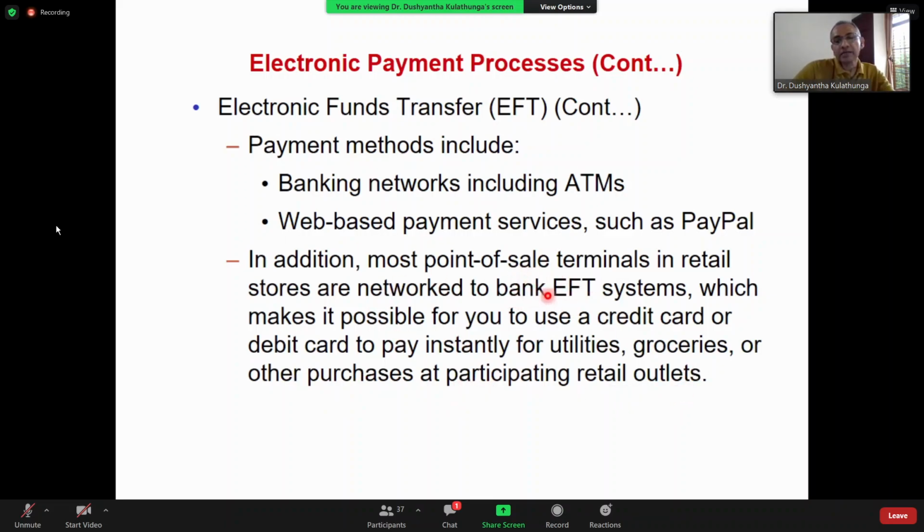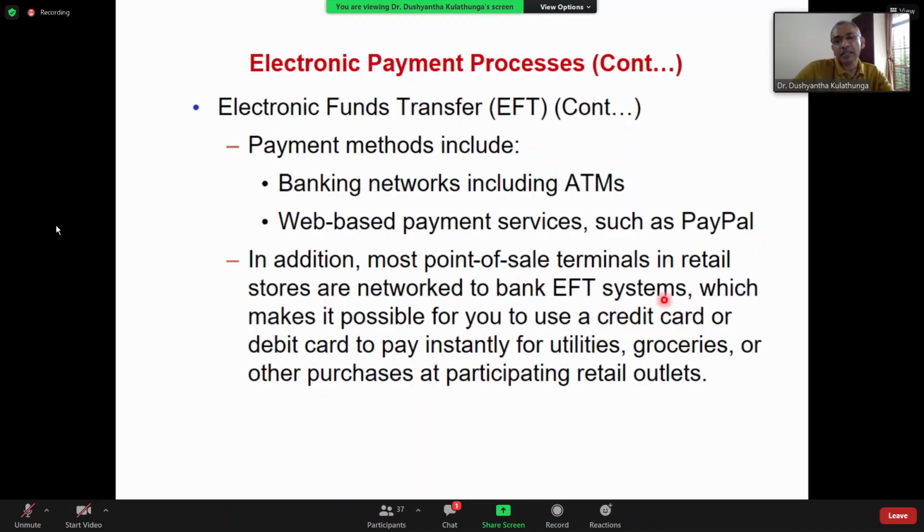So as I highlighted earlier, the point of sale systems are basically managed and used by the cashiers at retail shops. They are connected to the bank's electronic fund transfer systems, enabling them to transfer money to different places and even to their own account.